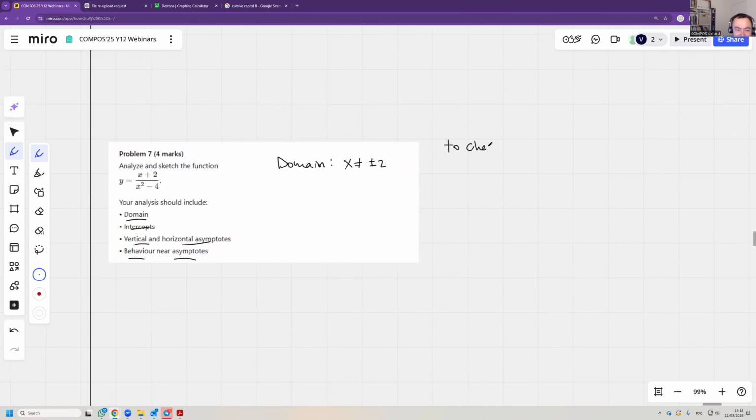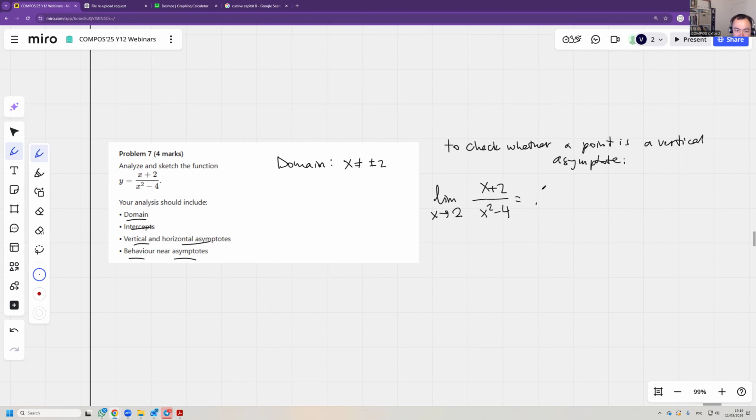To check whether a point is a vertical asymptote, what we need to do is find the limit as x tends to 2 of (x plus 2) over (x squared minus 4).